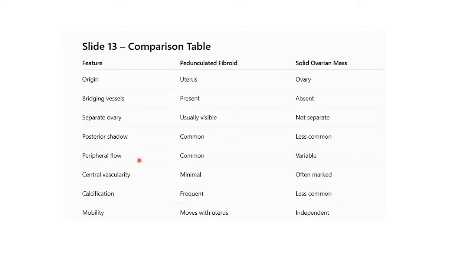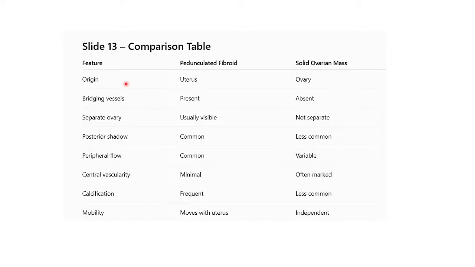Peripheral flow is common in a pedunculated fibroid, whereas solid masses is variable. Central vascularity minimum, often marked. Calcification frequent, less common. Mobility moves with uterus, it's independent. So you can see now how you can differentiate a pedunculated fibroid from a solid ovarian mass.